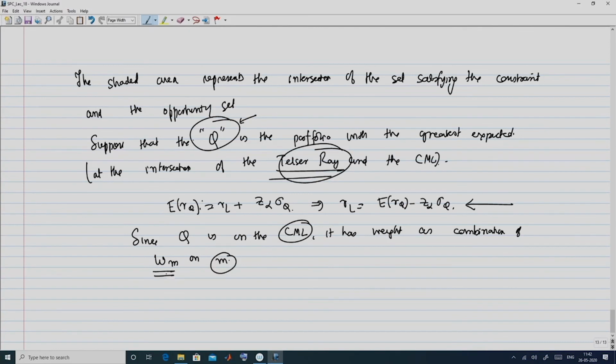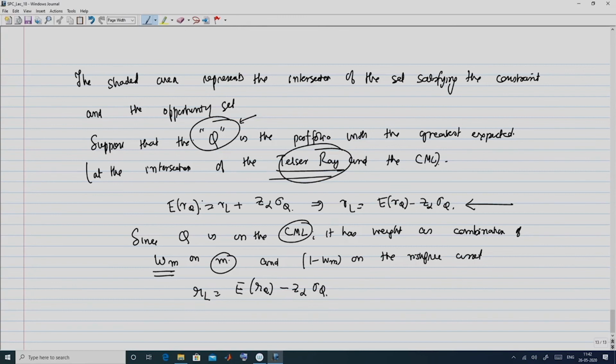So let us say that the weight of the market portfolio is Wm and 1 minus Wm on the risk free asset. Then we will have RL is equal to expected value of RQ minus Z alpha sigma Q.